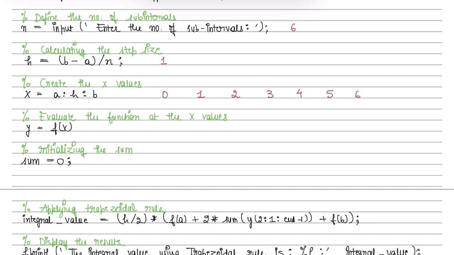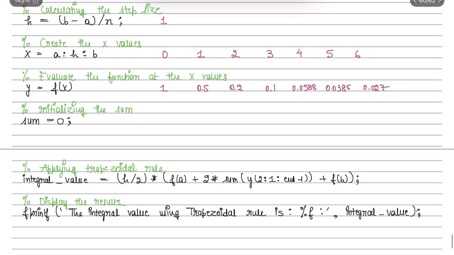Now evaluating the function f at the corresponding values of x, we will get the output as 1, 0.5, 0.2, 0.1, 0.0588, 0.0385 and 0.027. This will be the corresponding value of y with respect to x.